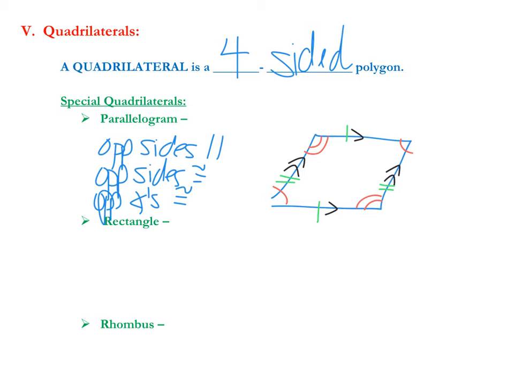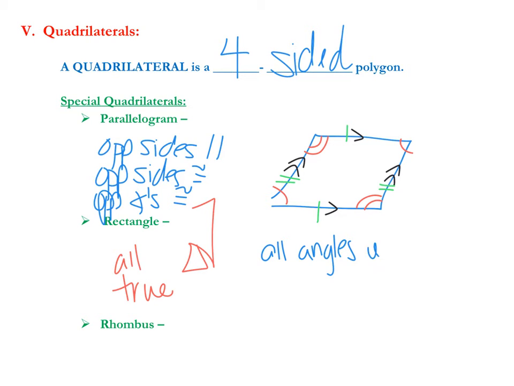Okay. A rectangle has all of this true, but then it has some special extra characteristics. One is that all angles are right angles, and two, the diagonals are congruent.